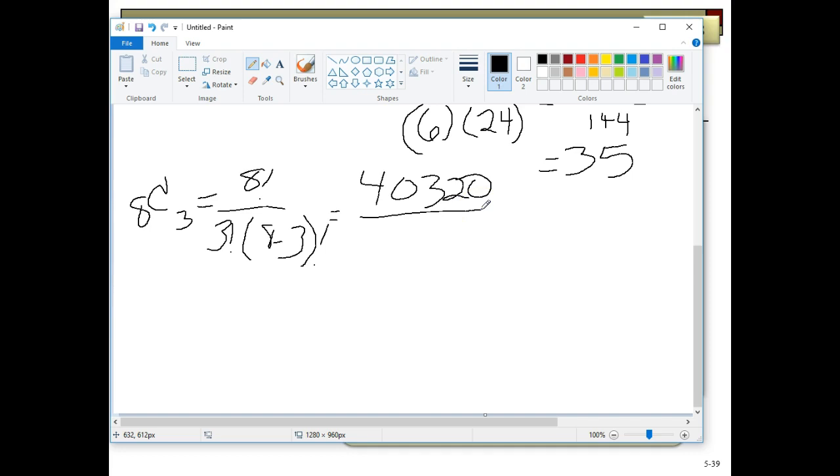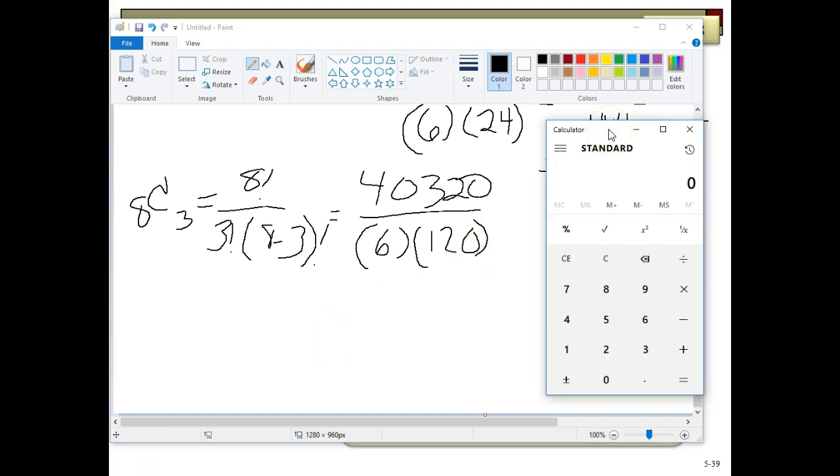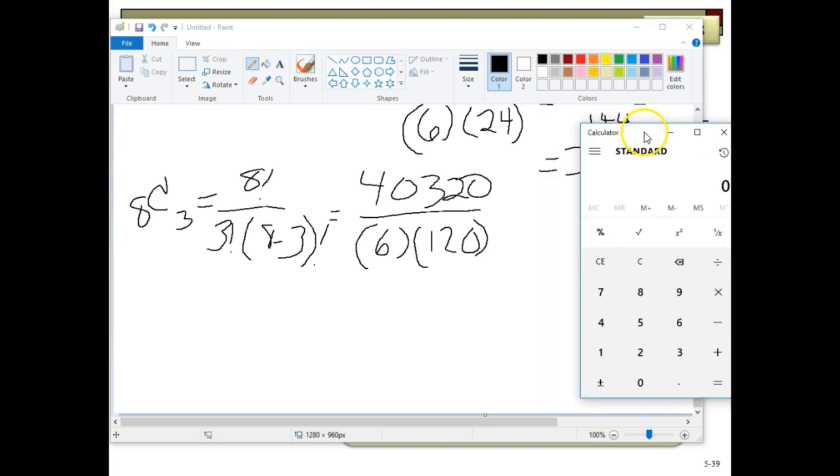And we already know 3 factorial, 3 times 2 times 1, is 6. 5 factorial is 5 times 4 is 20, 20 times 3 is 60, 60 times 2 is 120. 6 times 120 is 720.